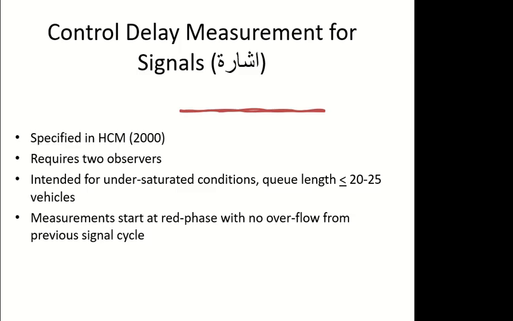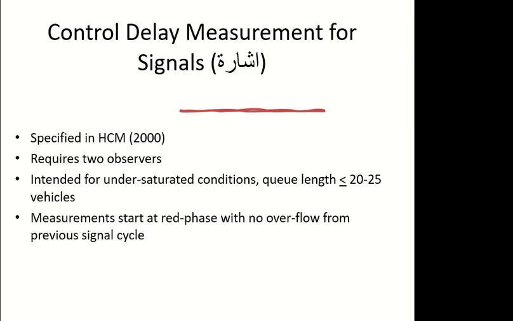Overflow is a condition where the queue needs more than one green time to get cleared, and by the time those vehicles clear, new vehicles are already extending the queue. So this is another indication that the conditions are not undersaturated. We want to do the observations in undersaturated conditions, because the procedure is applicable for undersaturated conditions.